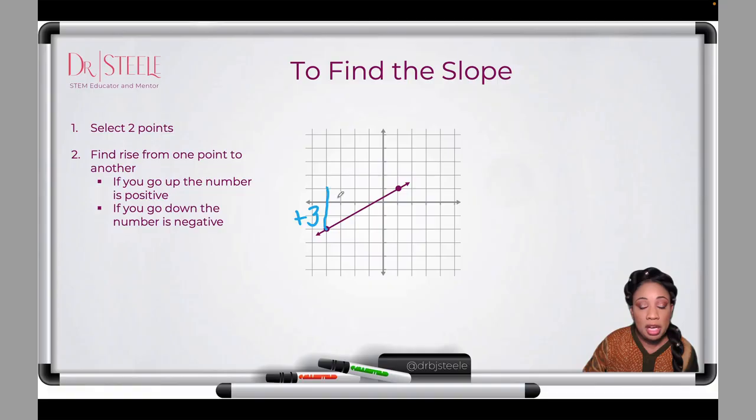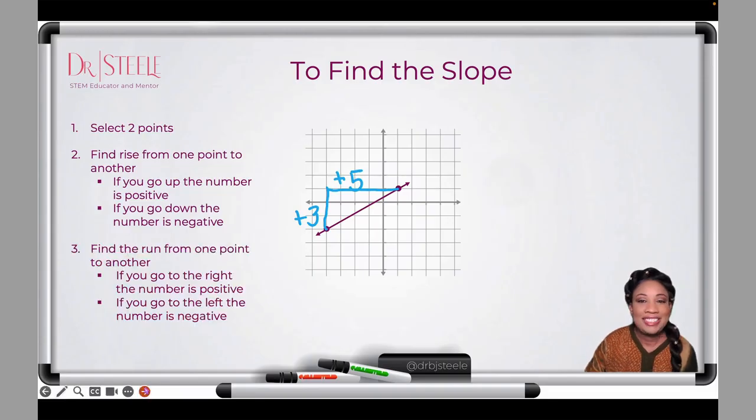Again, if I go up, it's positive. Then I'm going to go to the right. 1, 2, 3, 4, 5. Again, I went to the right, so it's positive. Oh, I forgot. When you run, that was the next direction. So our slope for this is going to be 3/5.